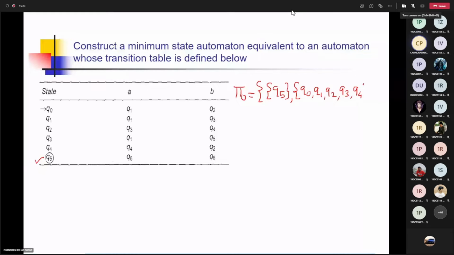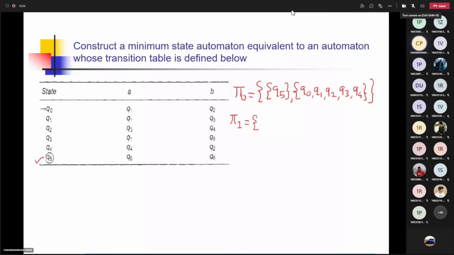Next we have to find pi 1. How are we going to find pi 1? How to prepare this pi 1? Please reply. By checking the equivalency of Q0 with all other states. Correct.